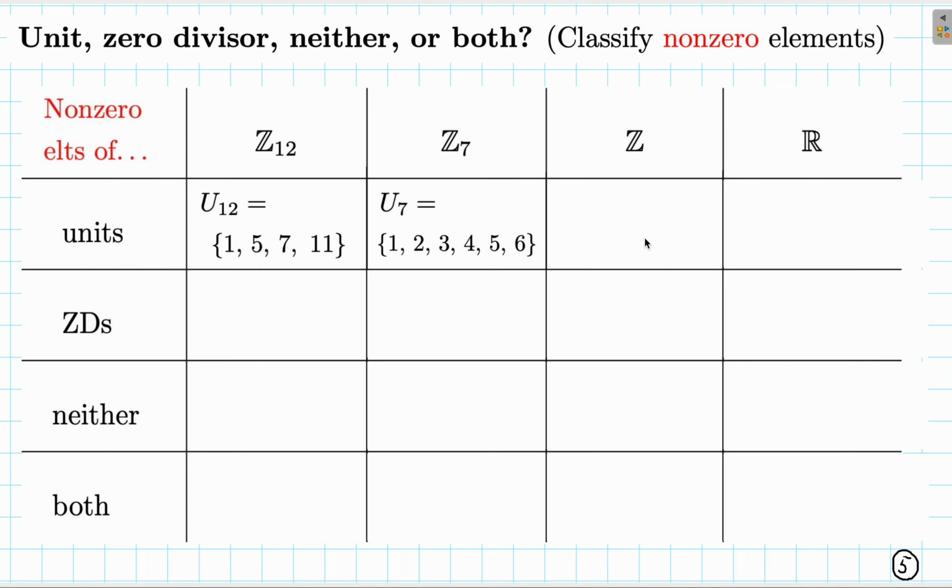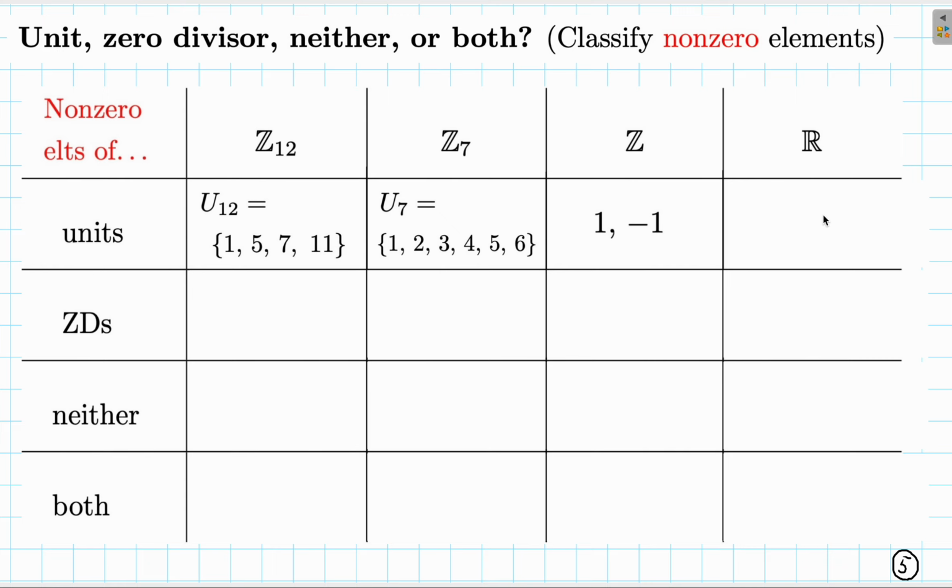Now what about the integers Z? Well, most integers don't have multiplicative inverses. The two that do are 1 and -1. 1 times 1 is 1. Negative 1 times -1 is 1 as well. So those are both self-inverses under multiplication. And so those are the only units in Z. Now what about the reals R?